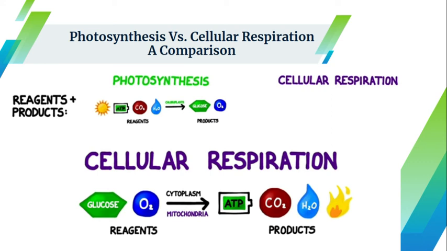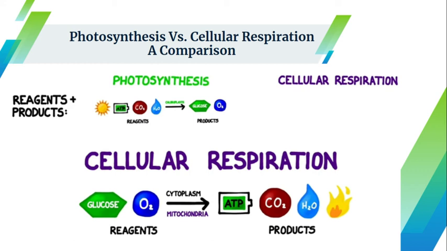The glucose goes through the cytoplasm, which is the jelly like substance inside of a cell. It travels in the cytoplasm through the Golgi apparatus. That energy goes to the mitochondria where it gets stored, and then it creates a recharged ATP battery and gives off the products carbon dioxide, water, and a little bit of heat.